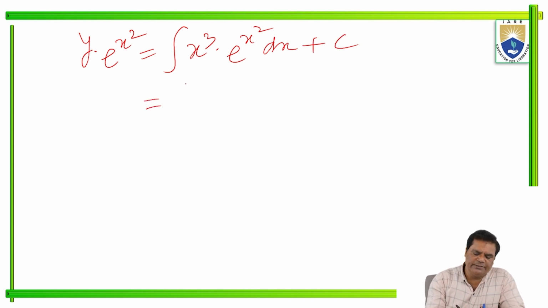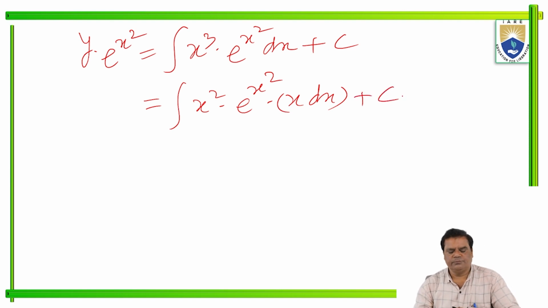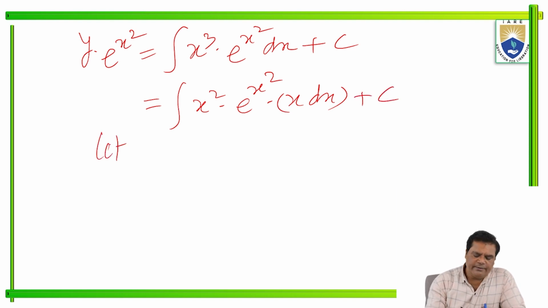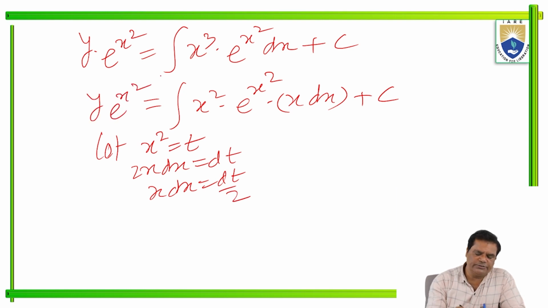So we break this into x square e to the power x square into x dx plus c. Now let x square be equal to t. Then 2x dx is equal to dt, so x dx is equal to dt by 2. y into e to the power x square.